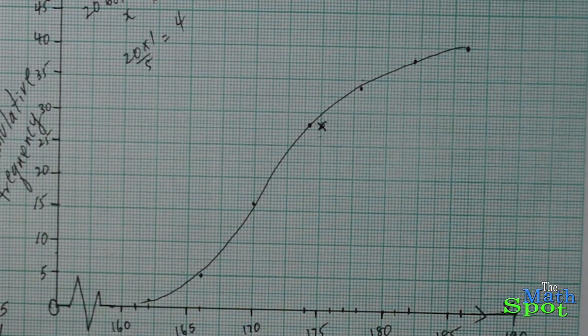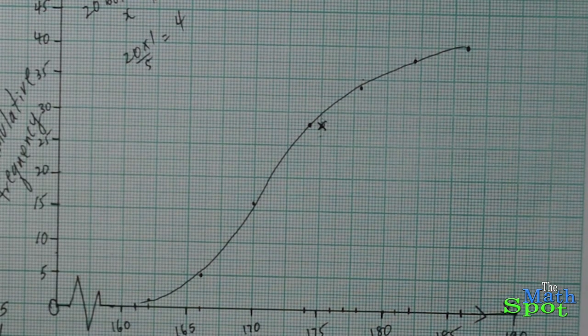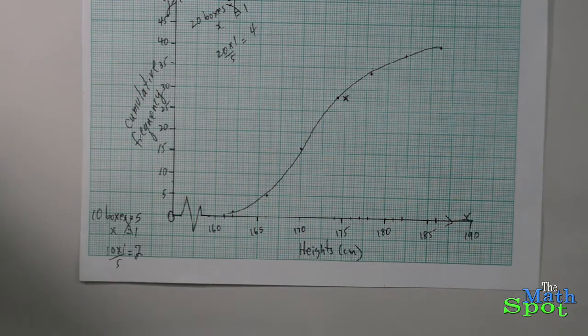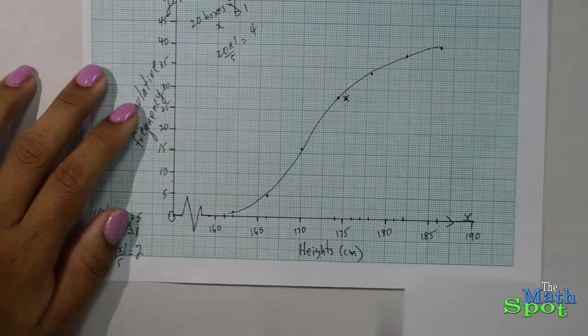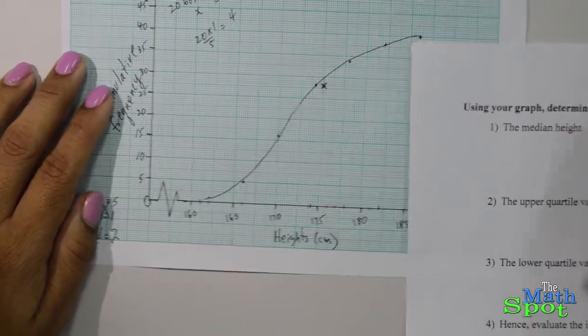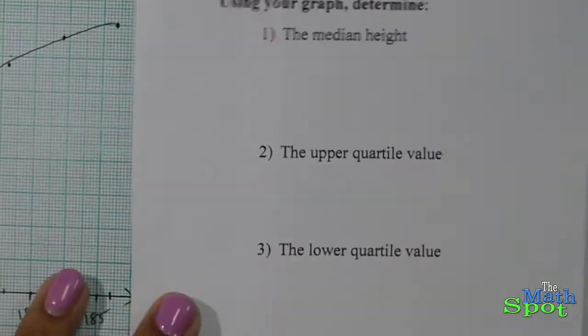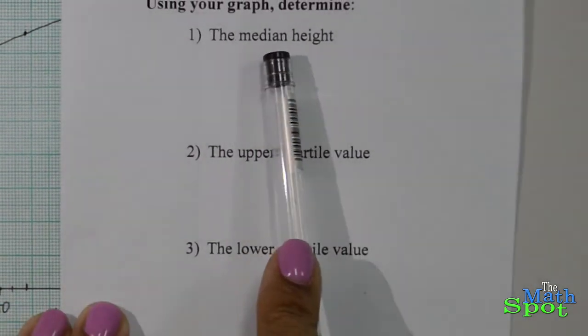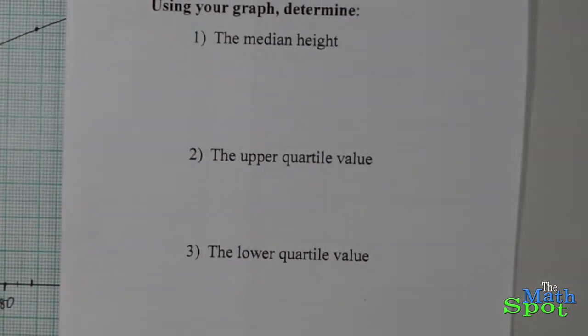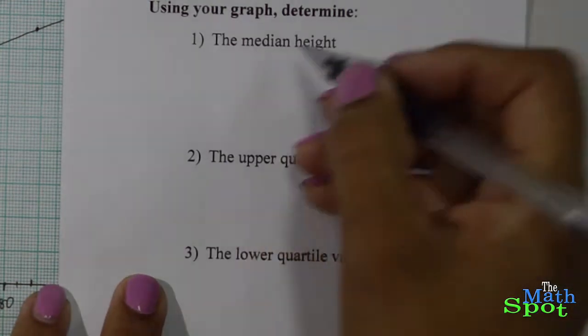Now, this curve can be used to do several things. Remember, at the beginning, we wanted to find the median and the upper and lower quartile values. Now, let me bring those questions here for you. The median height. Notice we're not asking for the median class, the median height. Median means middle. And to find the middle, that's exactly half of any data.